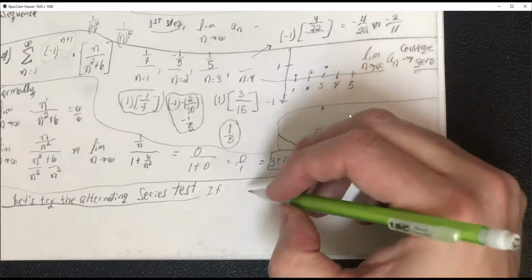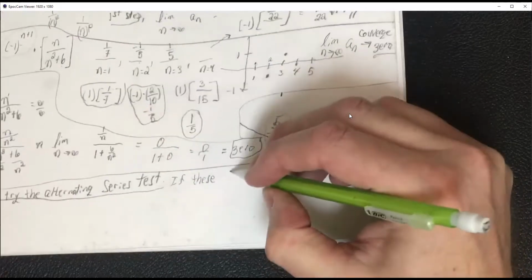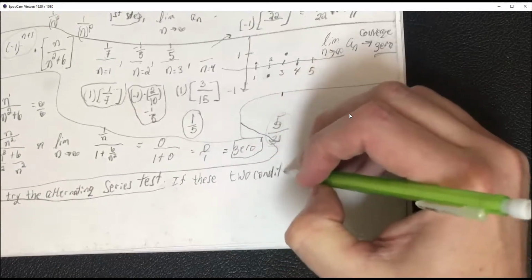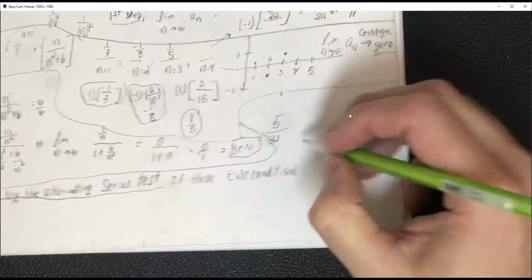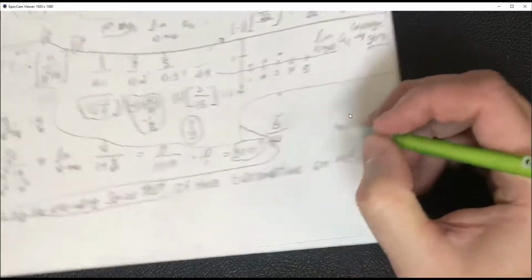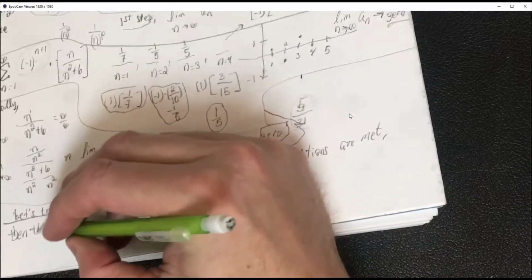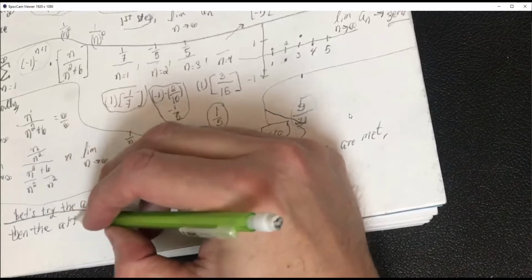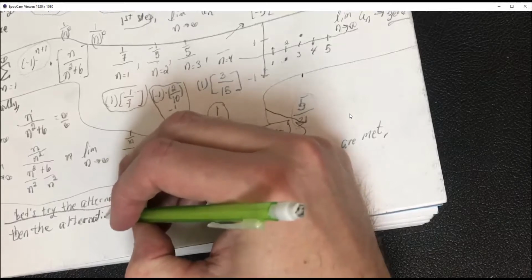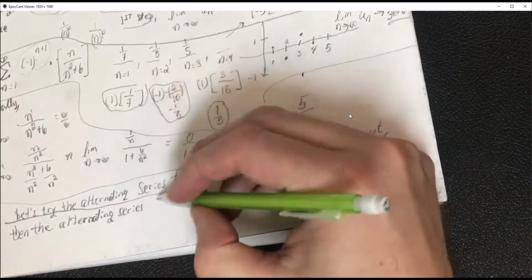Aside from that, if these two conditions are met, then we're almost there. The alternating series must converge.